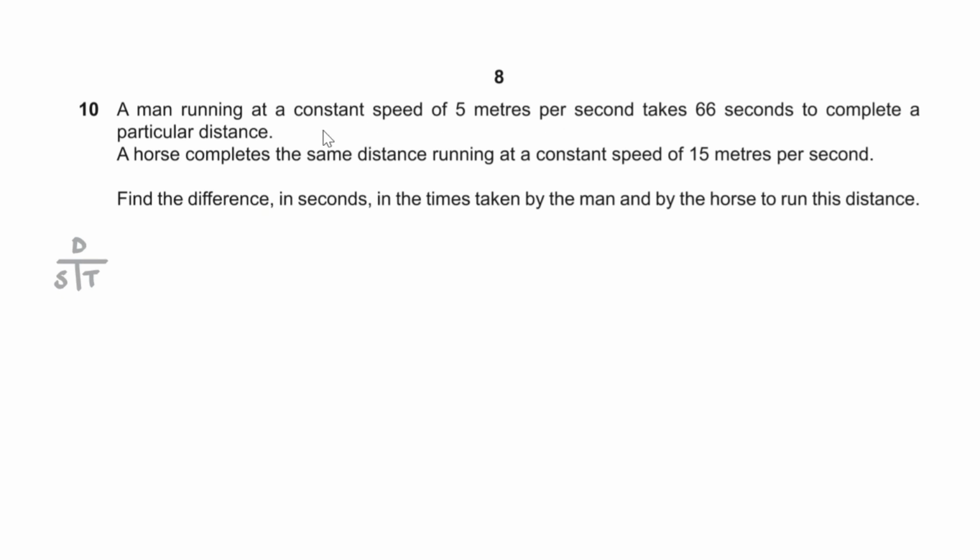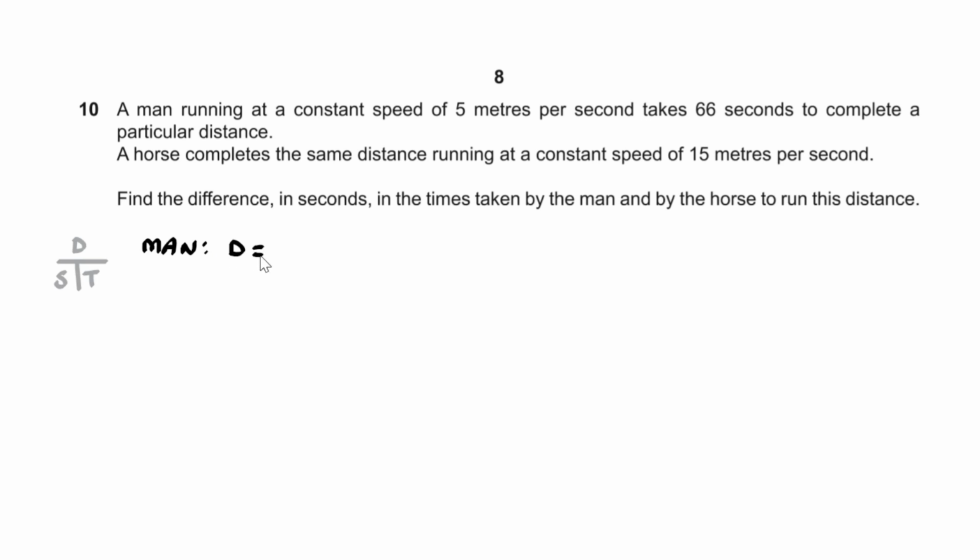Now, if we take a look at the information given, for the man, he's running at a constant speed of 5 meters per second, and it takes him 66 seconds to complete a particular distance. And we know the horse also runs the same distance. So what we can do is find out from the man the distance.